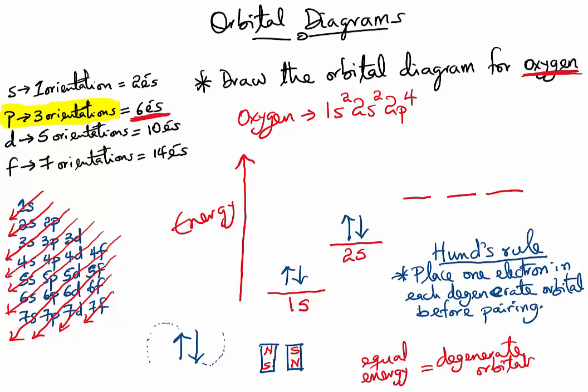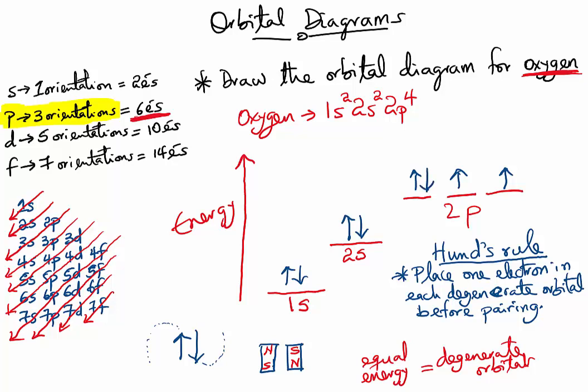What does that mean? We have 4 electrons in the 2p orbitals, so we are first going to give each of them 1 electron, and then we will begin to pair.